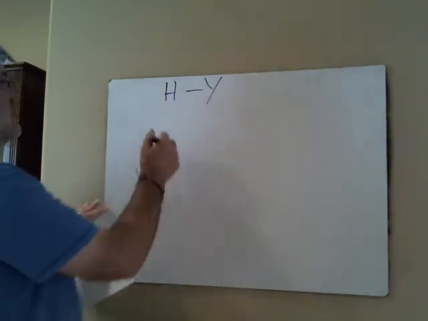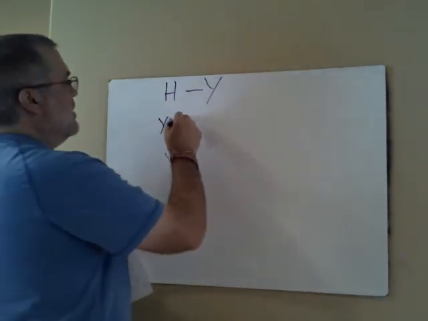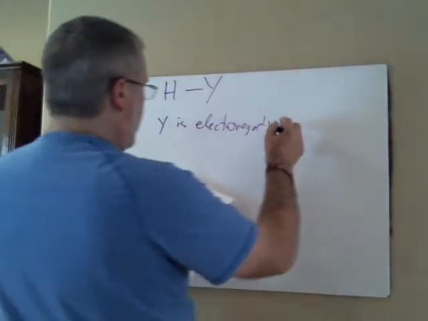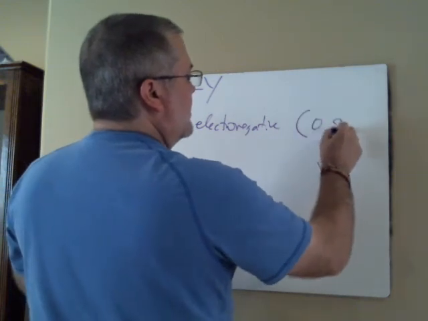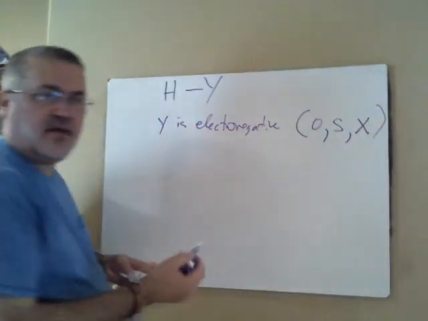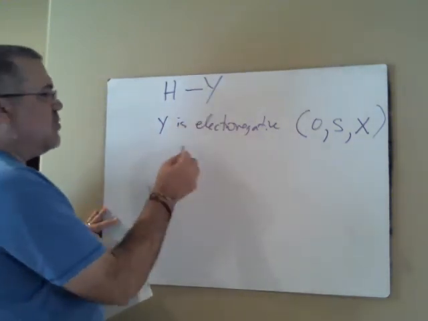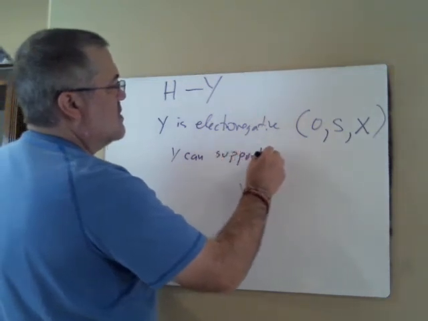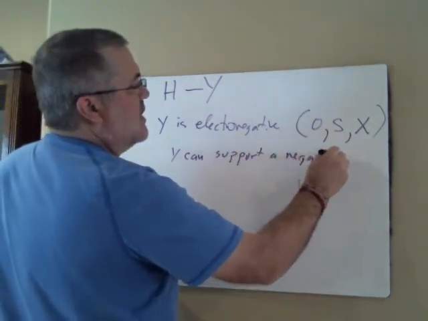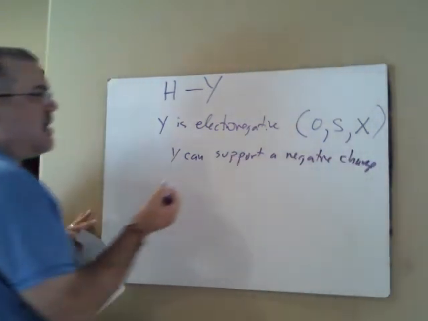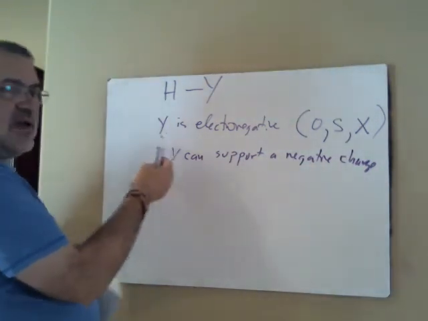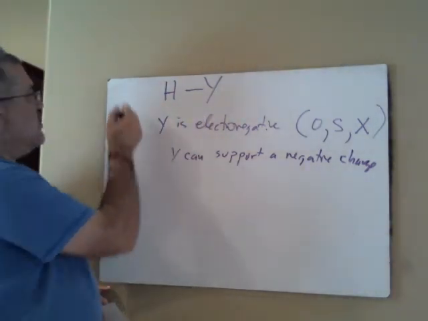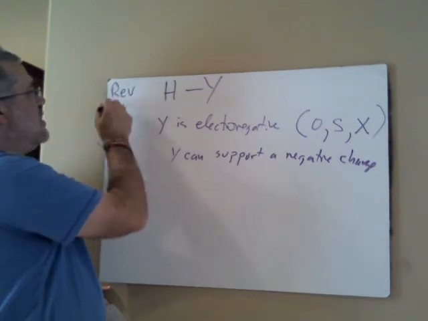The way to think about this, if your Y is electronegative, and those are going to be things like oxygen, sulfur, halide, then Y can support a negative charge. Okay? And so this is not acid versus base catalysis we're talking about anymore. This is actually talking about whether it's reversible or not.